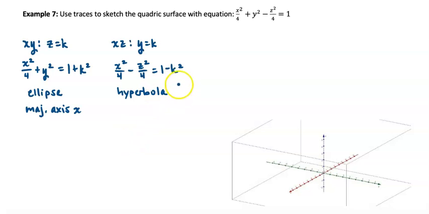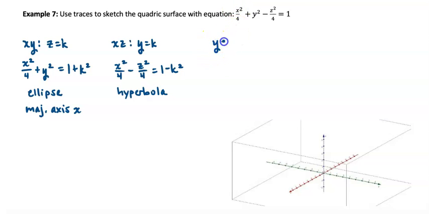All right. Now, this k squared, this means that if k is greater than 1, then this is going to open up in a different direction than if the k is between 0 and 1, which would yield a negative on the right-hand side. So we'll just leave that as hyperbola for now.